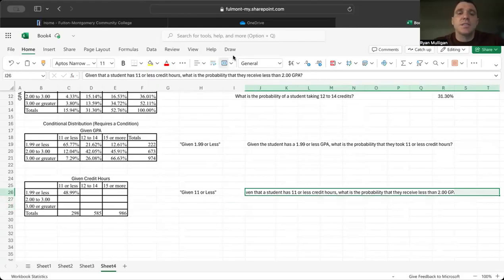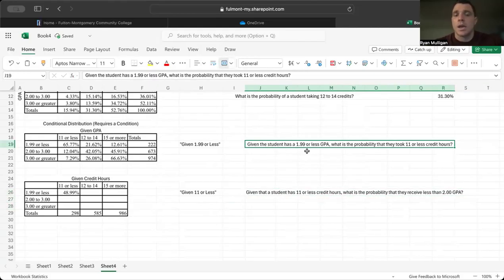It's the same exact question as before. I just flip-flopped it. Instead of being given that the student has a 1.99 GPA, I asked what is the probability they took 11 or less credit hours? Now I'm saying, given that they took 11 or less credit hours, what's the probability of having a 2.00 GPA?